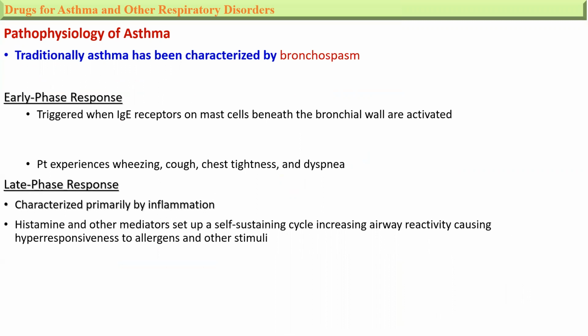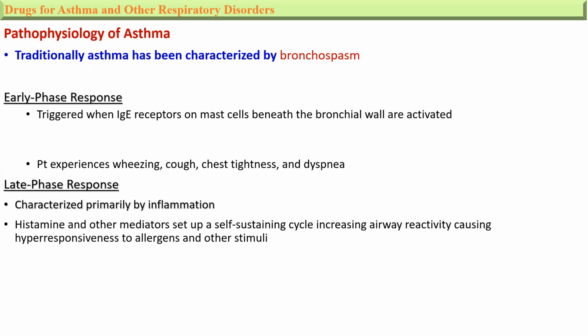The pathophysiologic changes are also primarily due to the inflammation. As we have mentioned earlier, the pathophysiology of asthma includes two different types of changes. The first one is the bronchospasm, and the other is associated with the inflammation of the airways.